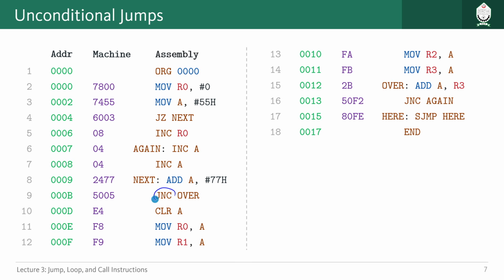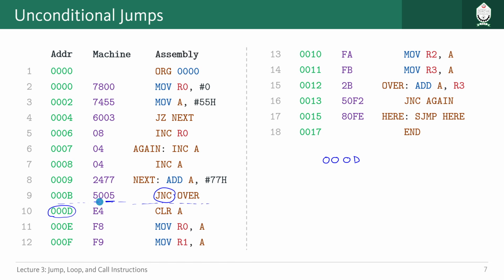Jump if not carry. So here also what we will do, we will first look at the value of current PC. Program counter currently holds the value, this one, so 000D, and with that we will try to add the last 8 bits of our instruction.